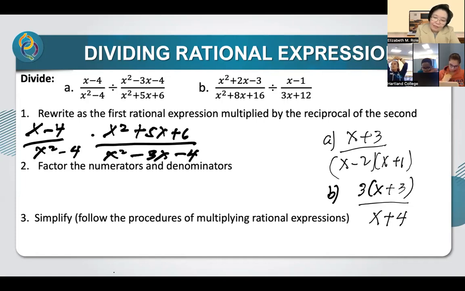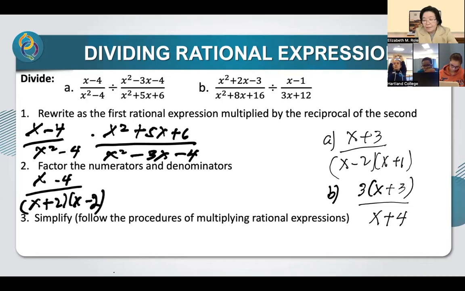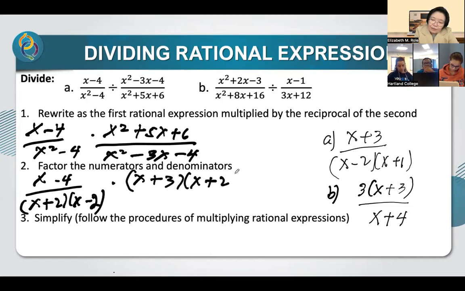Then factoring, you know that the factors of the denominator here are x plus 2 and x minus 2, or x minus 2 and x plus 2. That's not a problem. Then times, this one is x plus 3, x plus 2, right? Because 3 times 2 is 6, 3 plus 2 is 5.